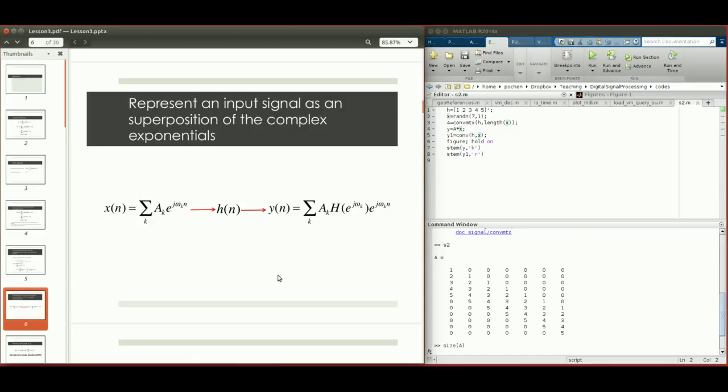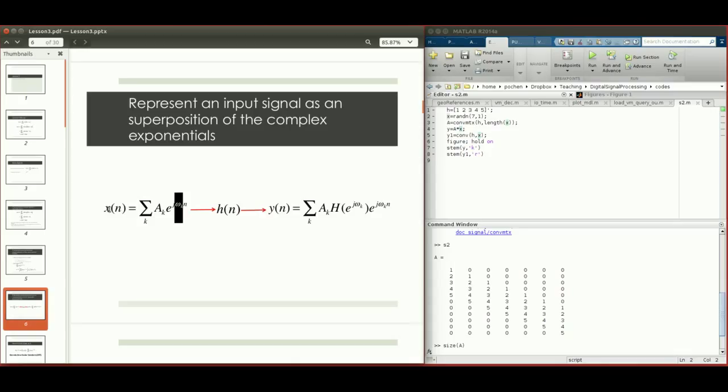Now, suppose we can express any input x[n] as a linear superposition of complex exponentials, with a summation over k. We represent it as a linear superposition of e^(j omega_k n). You see, here it's not just omega_0, one value; it's lots of values, lots of omega_k. I'll tell you how to select those omega_k.